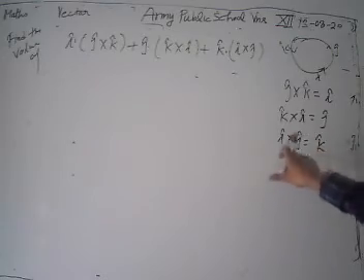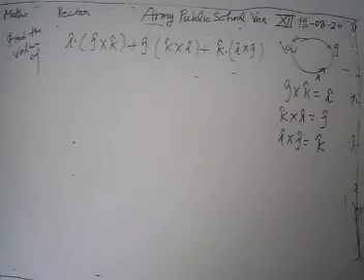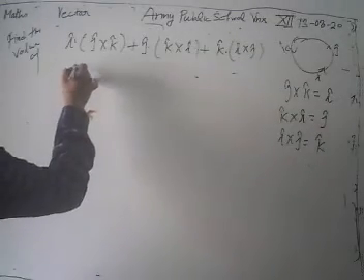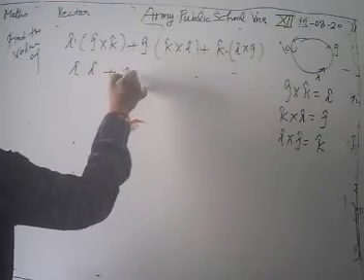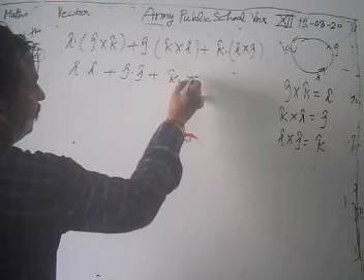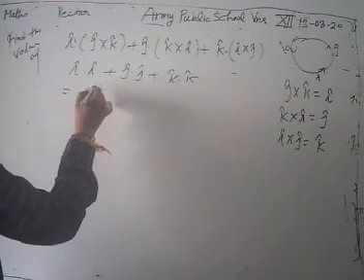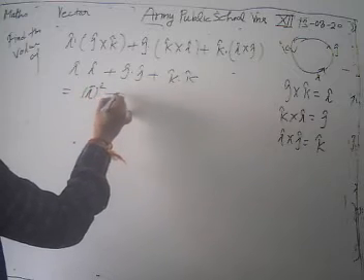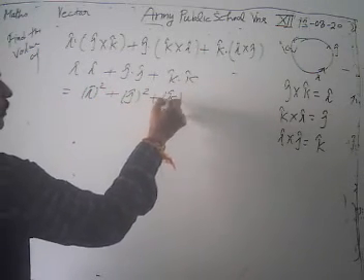Now we are going to put these values here. It becomes i cap dot i cap, then j cap dot j cap, plus k cap dot k cap. Now i cap dot i cap is i cap square, similarly we get j cap square, similarly k cap square.